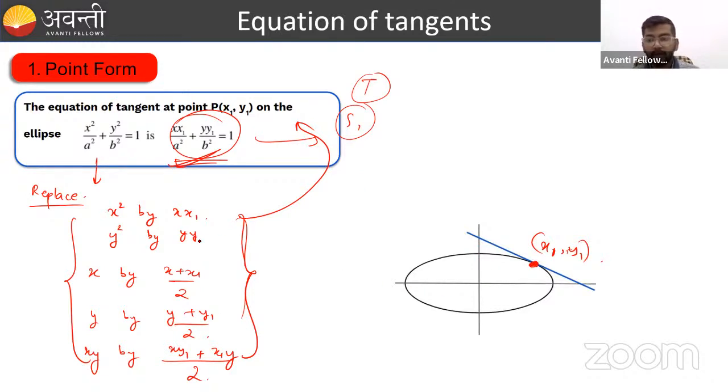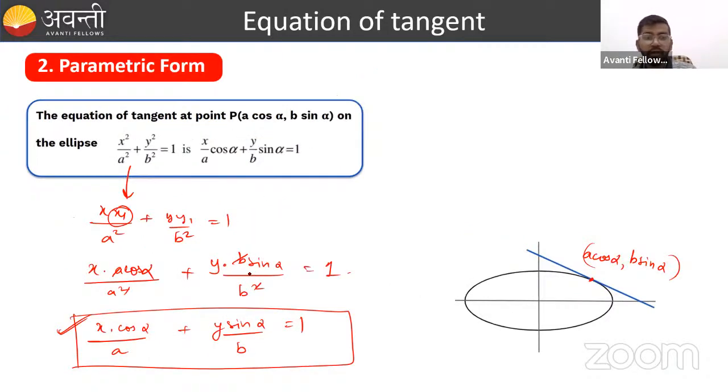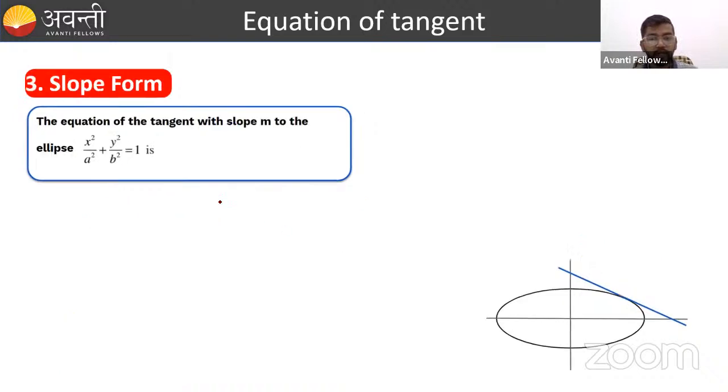Now in parametric form, what we have done is we have used the equation of tangent in point form. We have just used the coordinates in place of x1 comma y1, which is given over here. Correct? And then we got this equation. You can see this equation and this equation are the same. So you have to find it like this.